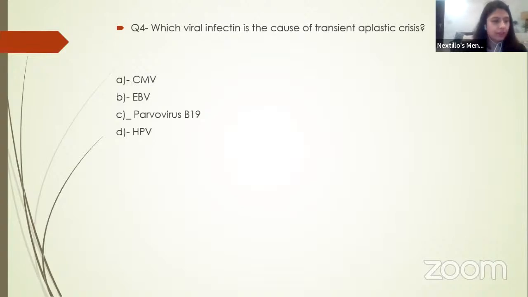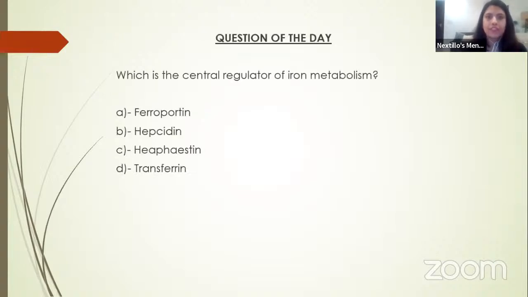Okay. All right. So now we are coming to the question of the day, and whoever answers this will be our winner for the day. So let's go. This is our question of the day. Which is the central regulator of iron metabolism? We've talked about iron metabolism. These are your options.